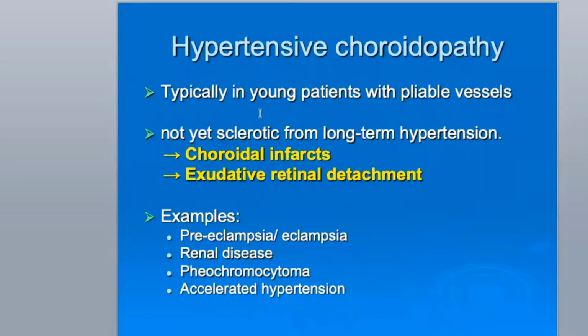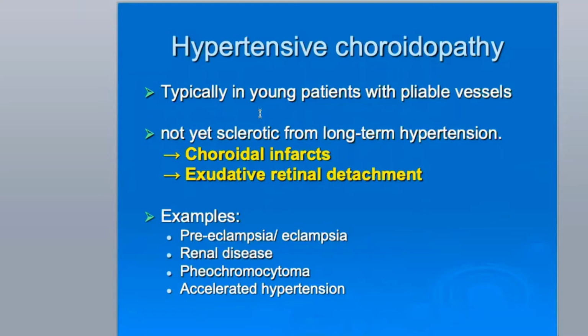Now, hypertensive choroidopathy is not a chronic hypertensive change. See, the hypertensive grading does not include choroidopathy, because hypertensive retinopathy mainly talks about chronic disease. But when you get an acute rise of blood pressure, you get choroidopathy at the same time.